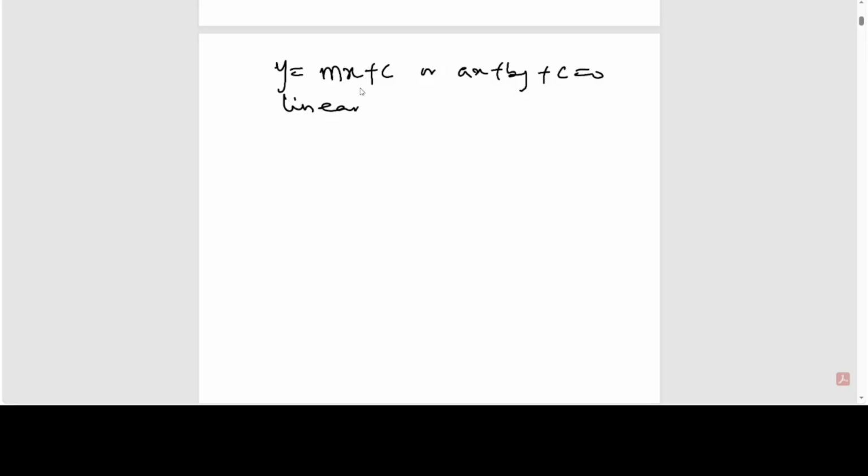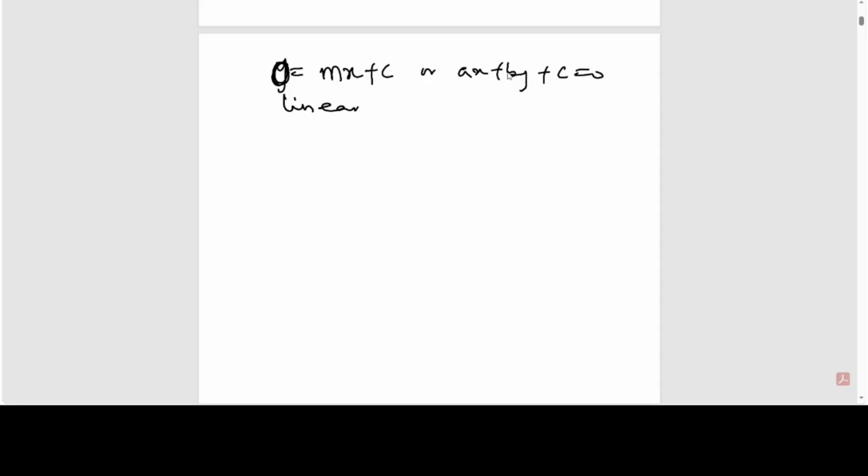It is linear because, okay, let me take off the y and put 0 here, so that I'll call it a linear equation in x.